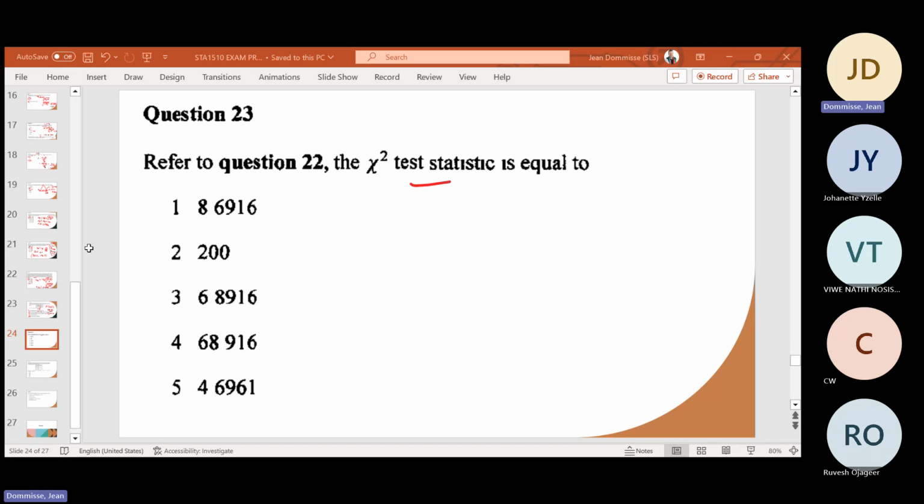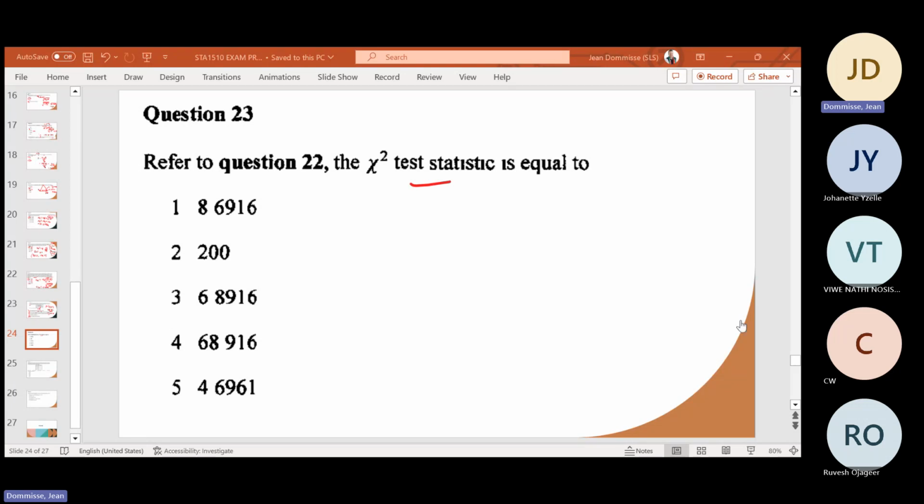So I'm just going to show you quickly what I would have done, because again, it is very difficult to do this, or not difficult, but time consuming.